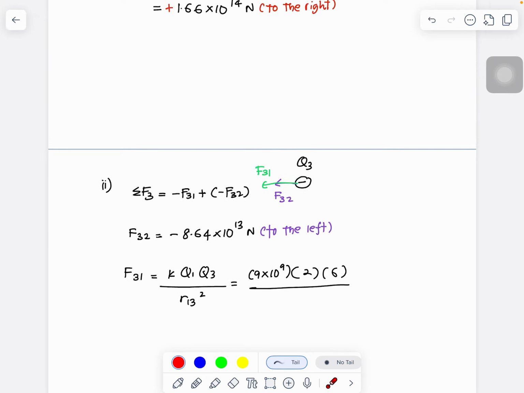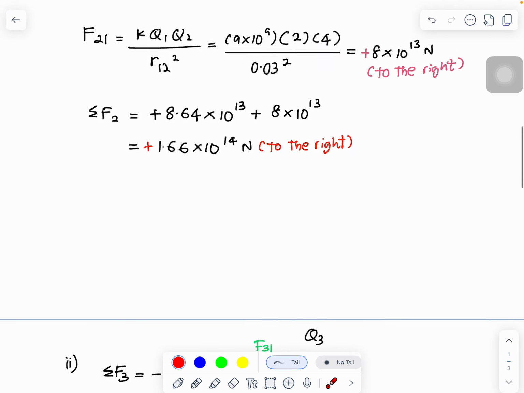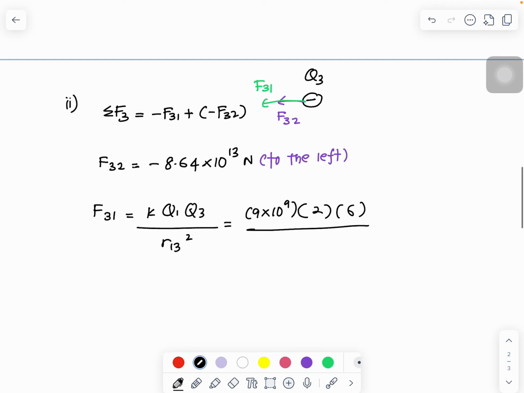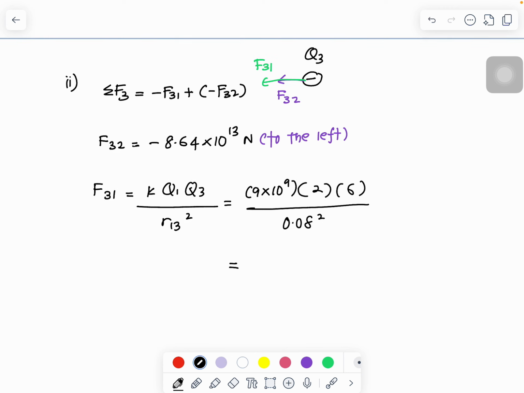And then distance between them, okay, tengok baliklah diagram, daripada 1 ke 3, this one, so tambah 3 tambah 5, 8 cm, convert to meter, 0.08 square, and then it will be equal to 1.668 exponent 13 Newton. Jangan lupa F31 is to the left, so it will be negative, and then also letak to the left.